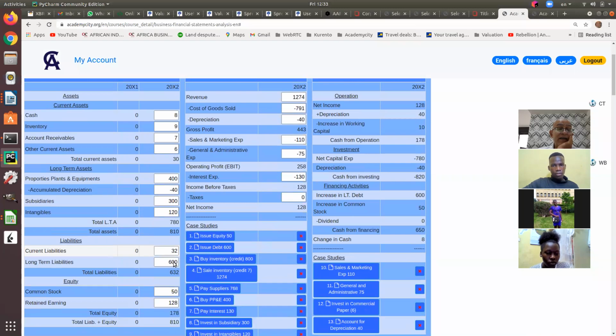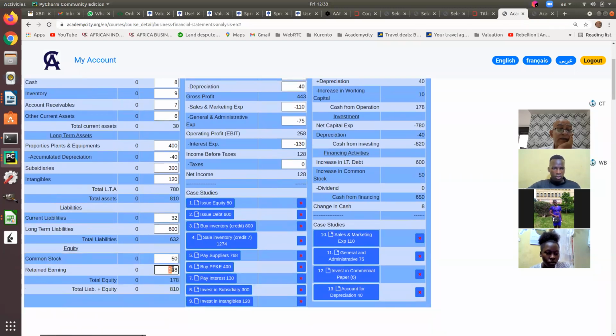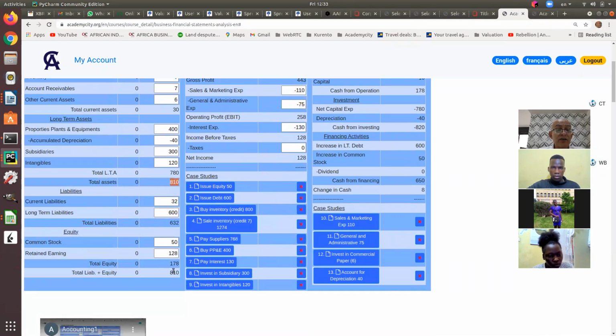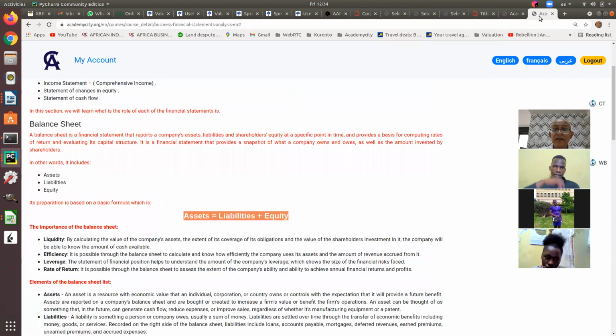But at the same time as my equity went down by 40, my assets went down by 40. So my total assets went down by 40. My total assets is 810. And my total liability and equity went down to 810. Again, the accounting identity remained.